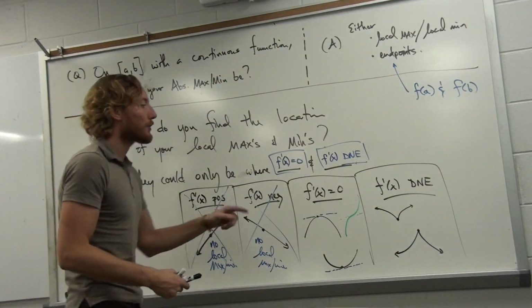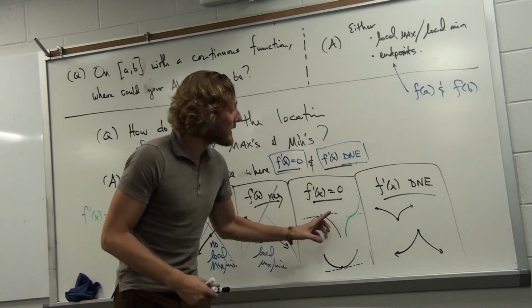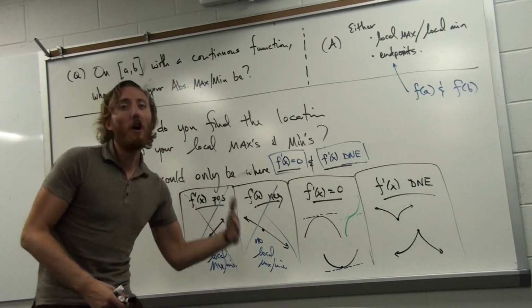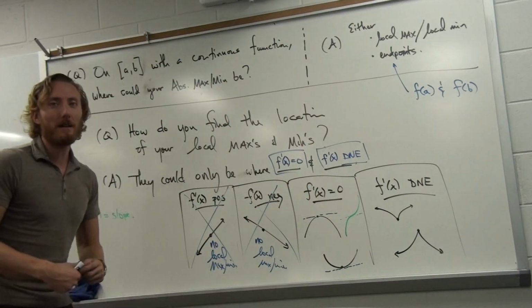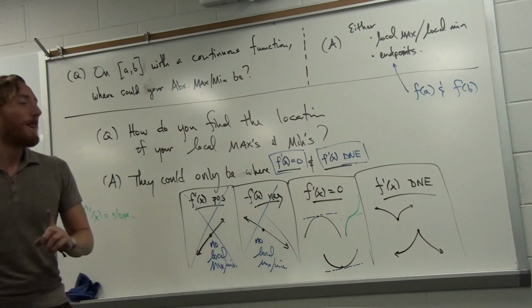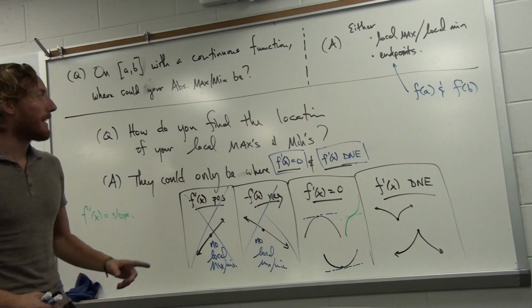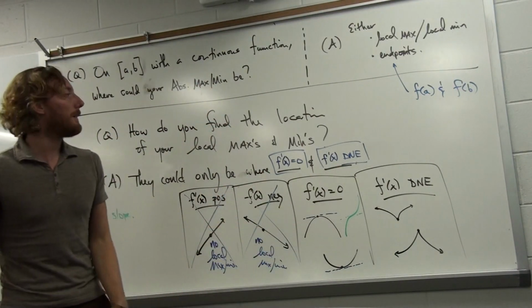We haven't changed direction there, we haven't hit a peak, we haven't hit a valley. So this happens to be a point where the function has a horizontal 0 slope, but this is not a point where the function hits a max or min. So I'm not saying that everywhere the first derivative is 0, you have a max or min, but I'm saying if the first derivative is 0, it could be a max or a min.